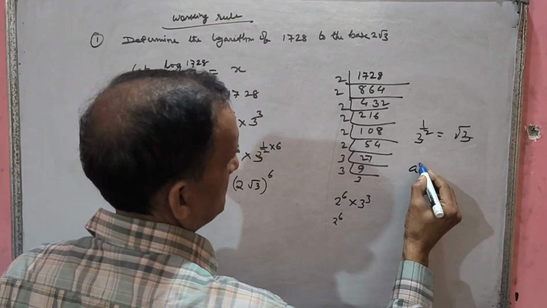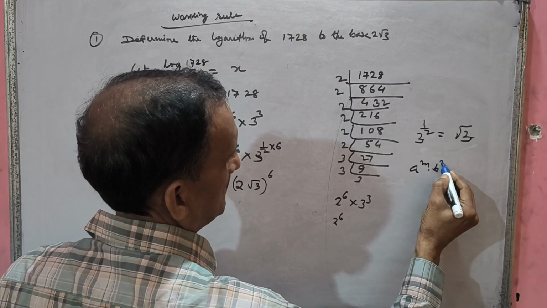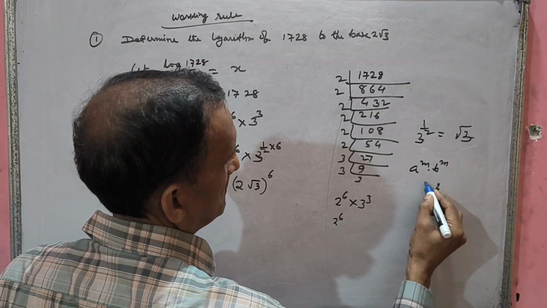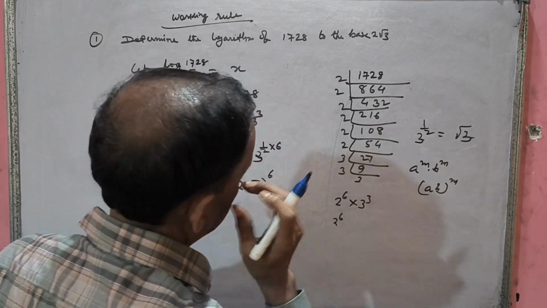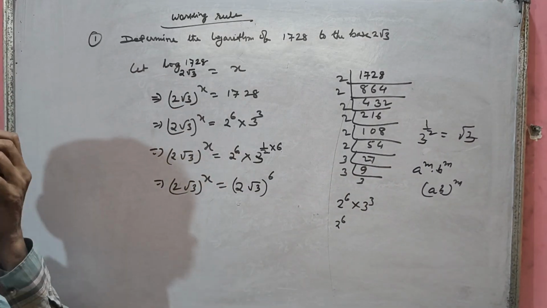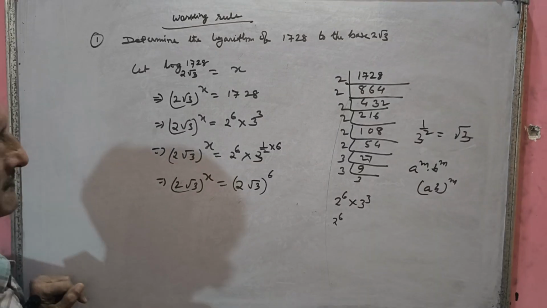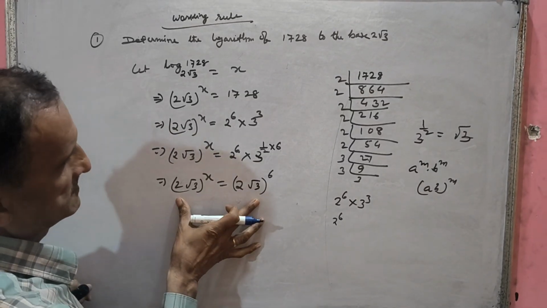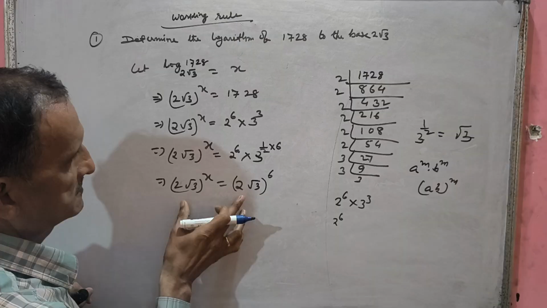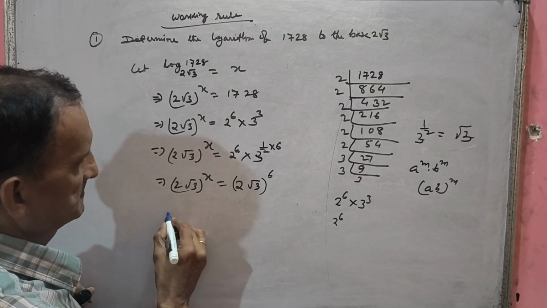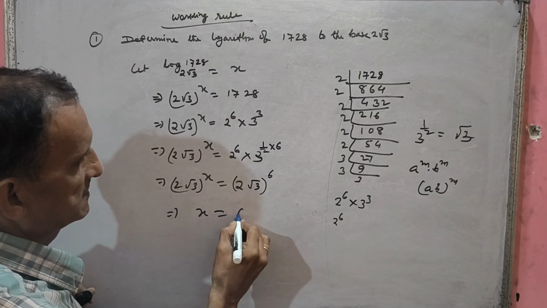This formula, a to the power m into b to the power m is equal to a into b whole to the power m. That's why the first laws of indices are required, because logarithm and indices are interrelated. Now again by laws of indices, if both bases are the same, then the exponents will be the same. So what have you got? x equal to 6.